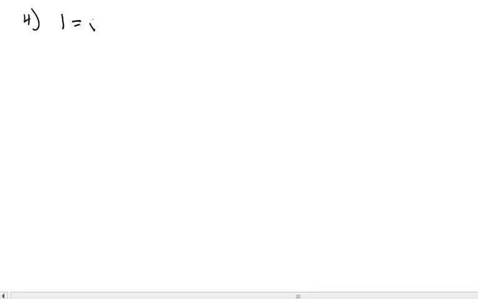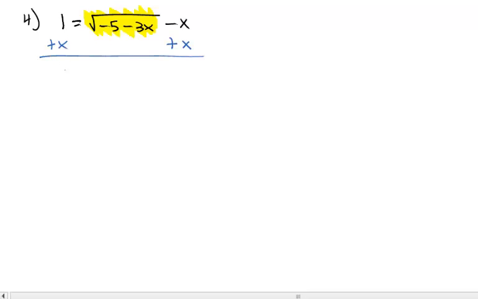Let's try 1 equals the square root of negative 5 minus 3x minus x. Similar to last time, we need to get the radical alone before we take care of it, which means we need to get rid of the minus x by adding x to both sides. That gives us x plus 1 equals the square root of negative 5 minus 3x.